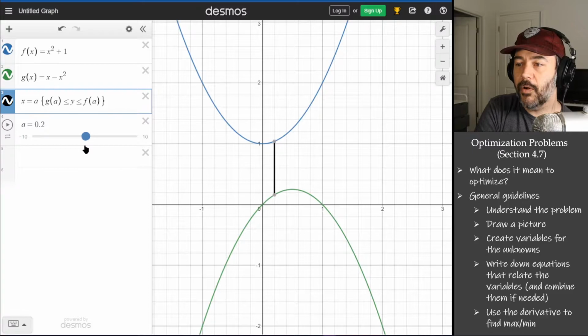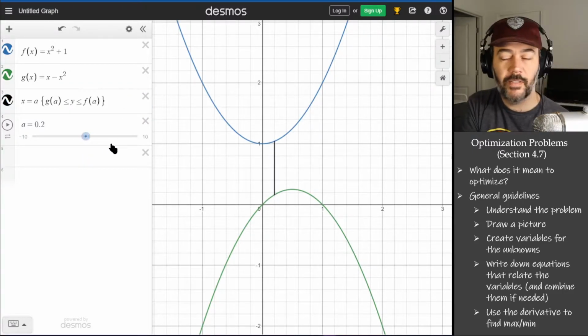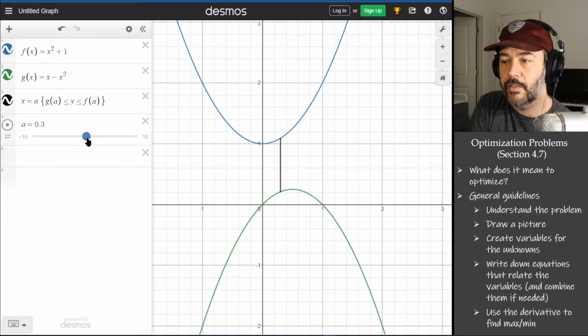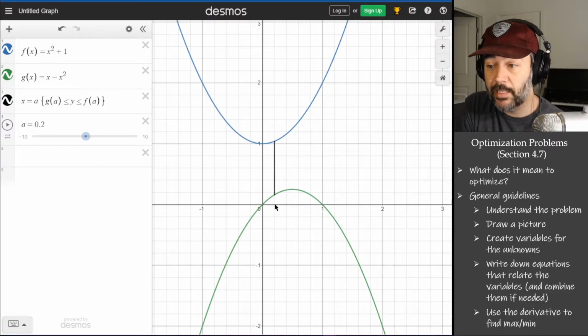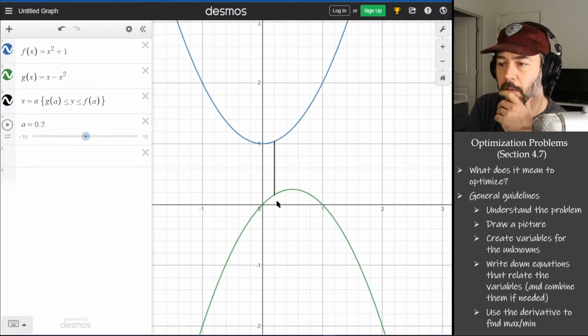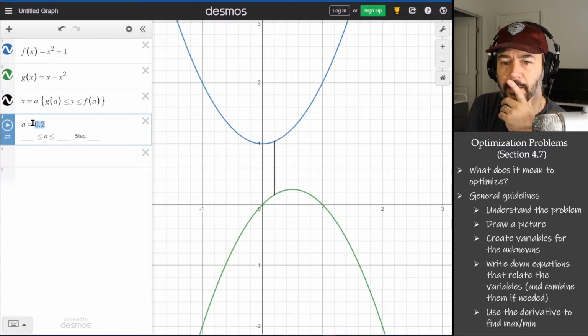Somewhere in here, the distance appears to be minimized. So I think my answer needs to be somewhere around 1. Oh, I'm sorry, this is actually a equals 0.2. I was misreading the graph. That's not 1, this is 1.